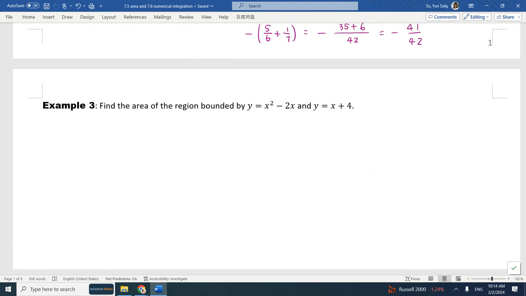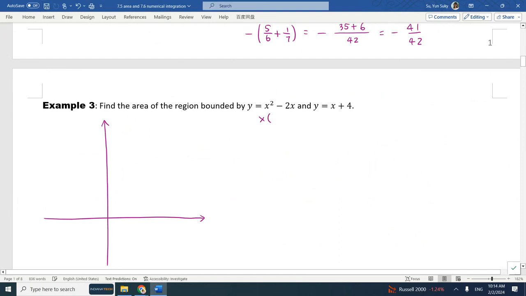Okay, so let's draw the picture and then we can have some idea what is going on. x squared minus 2x. What is the shape of the graph? Parabola, like that. Yes? And okay, can you see here we can factor out the x? What's left? Yes.